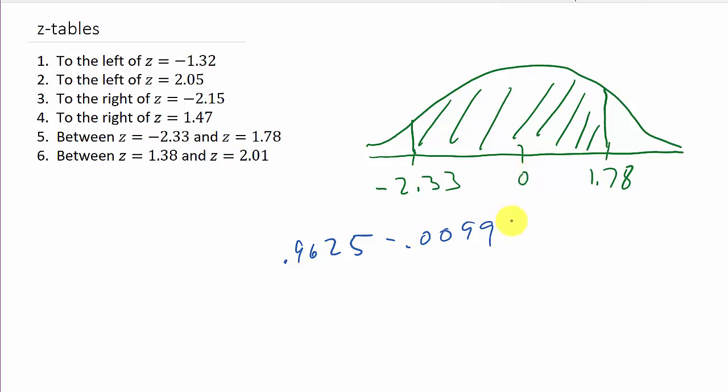Now remember, this is the area to the left of the negative 2.33. So 0.9625 minus 0.0099 will leave us with 0.9526. There's a decimal there. And so that's your area between the two numbers.